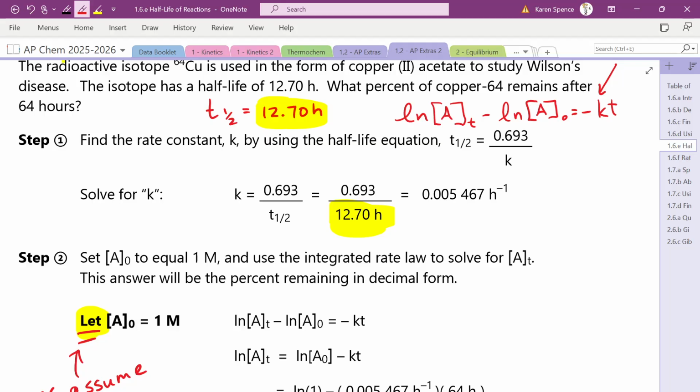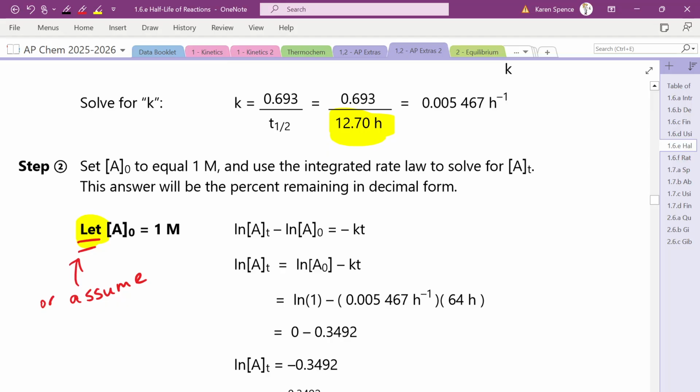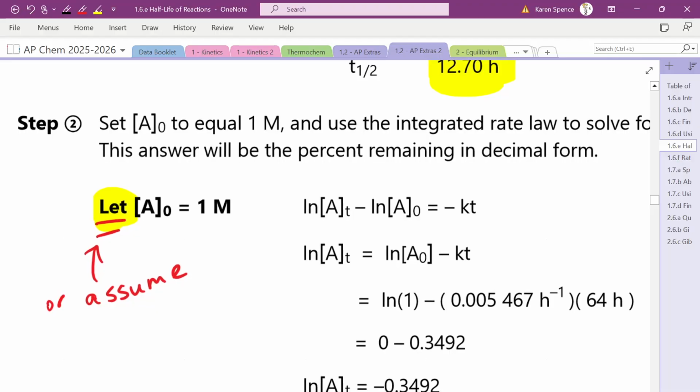And that means that A at time t is what we don't know. And so let's solve this equation for ln of A at time t. I've taken the negative ln of A0 and moved it to the other side.